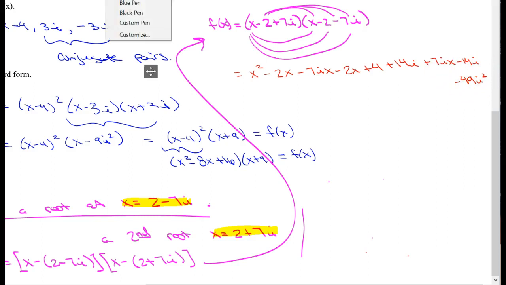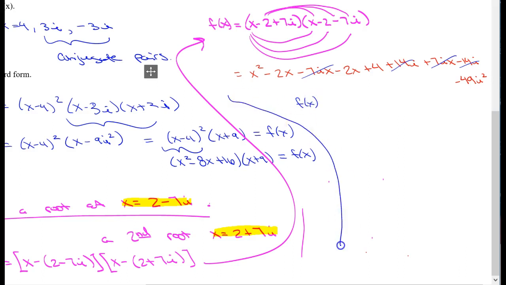Now, a couple of lovely things happen. There's some nice cancellations going on: negative 7ix plus 7ix, plus 14i minus 14i. And then f of x equals x squared minus 4x plus 4 minus 49i squared.